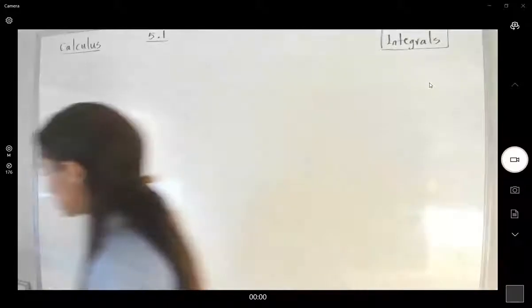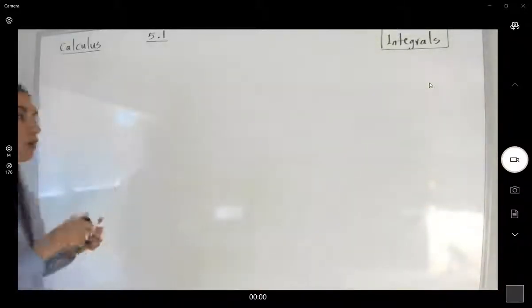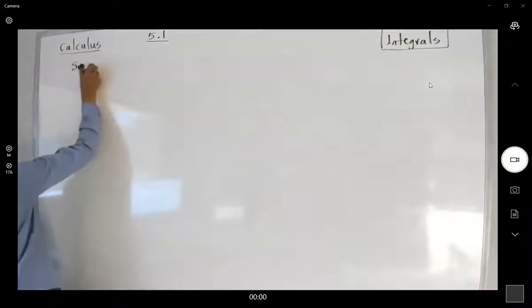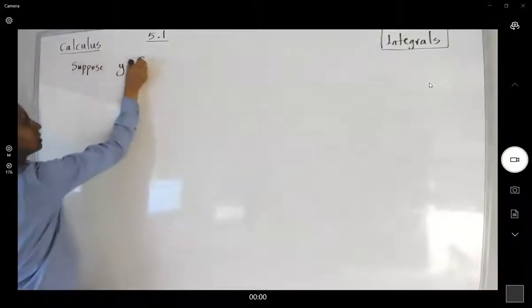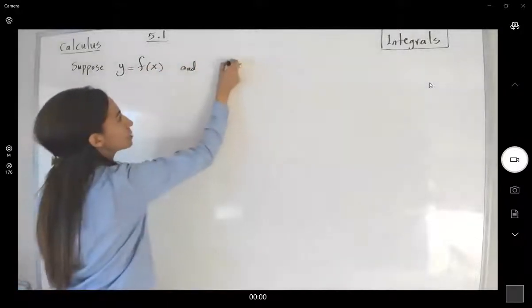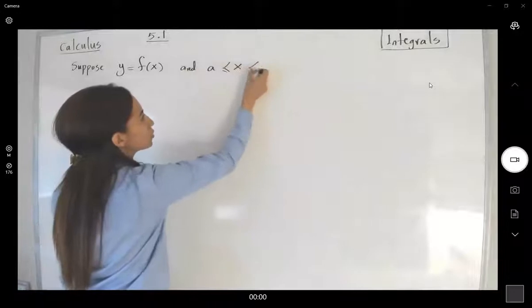So the steps that we take from Riemann sum to go into integral. Suppose y is equal to f of x and x is bounded between a to b.